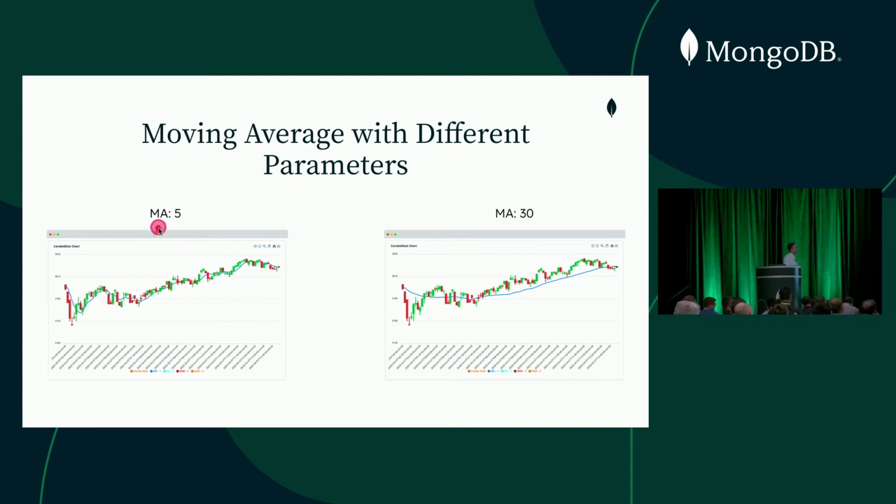Because moving average 5 means that consider last 5 records and do the moving average. Because of that, it's very close to trend. However, here we use moving average 30, and therefore it's capturing the trend a bit slower, okay?